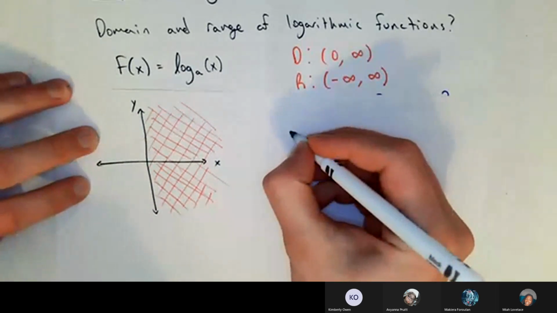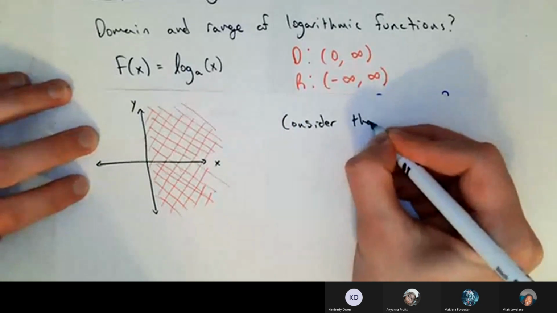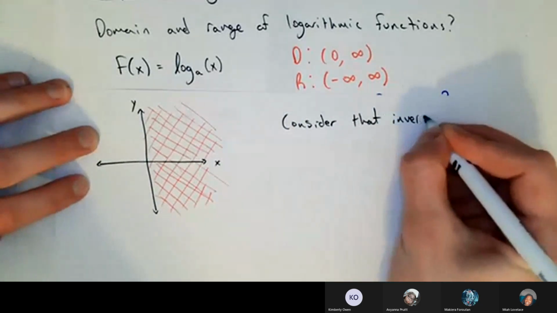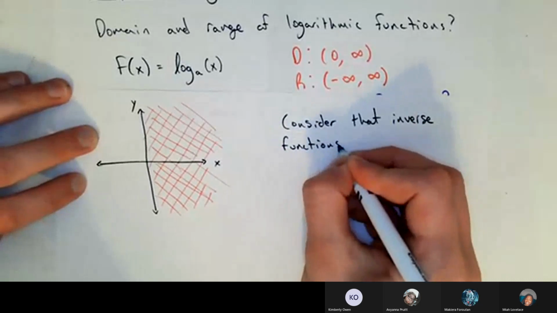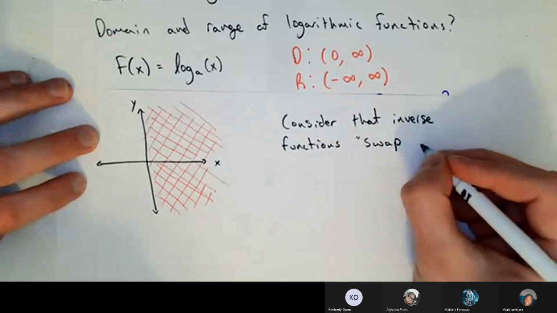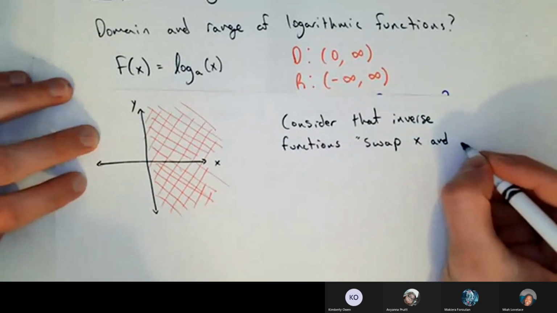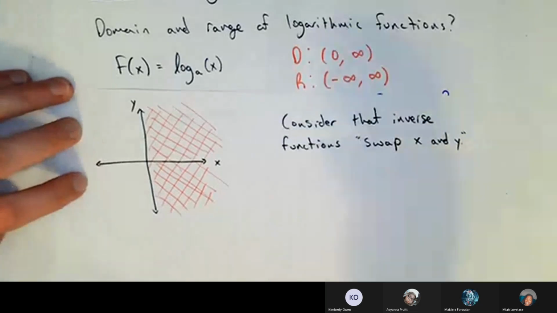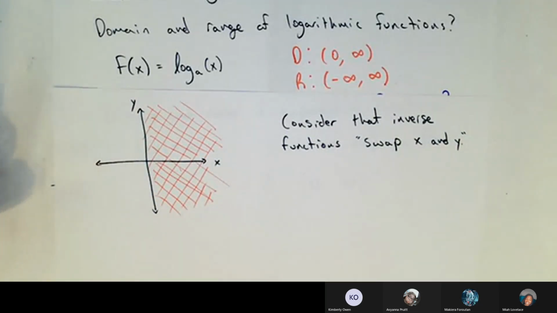So consider that inverse functions sort of swap, this is saying it informally, but I suppose it's not incorrect. They swap x and y, right? Input, output, domain, range. They swap x and y.